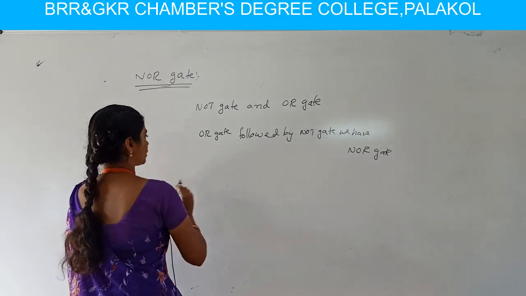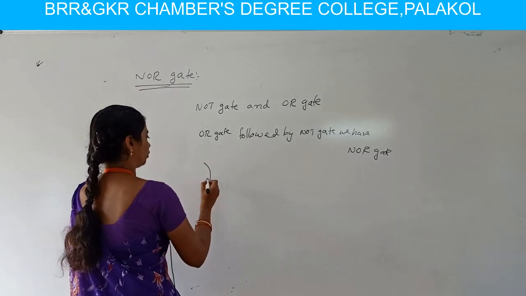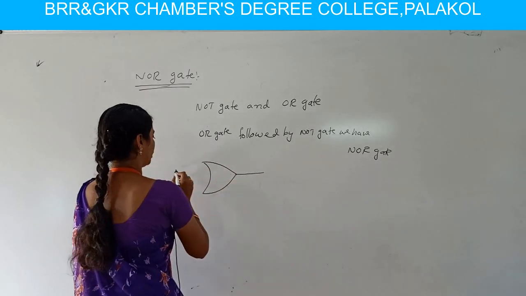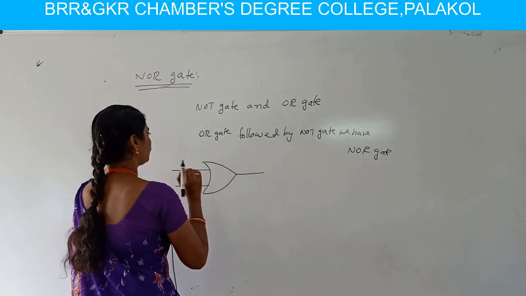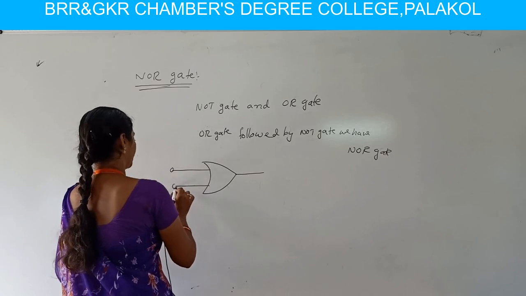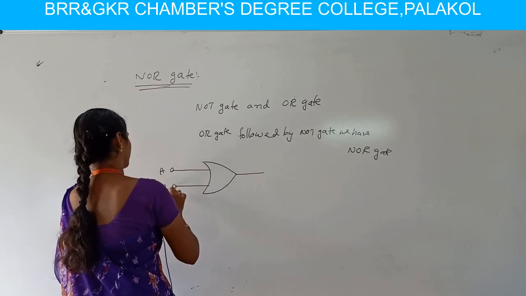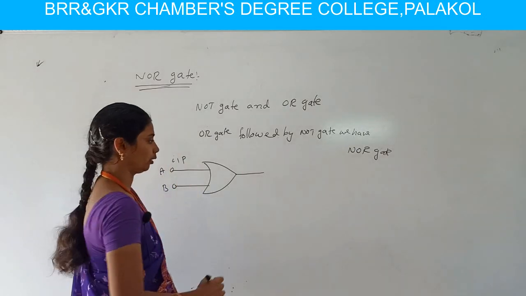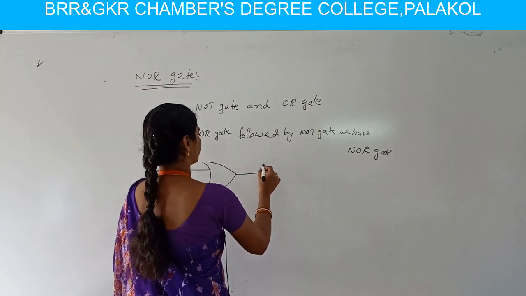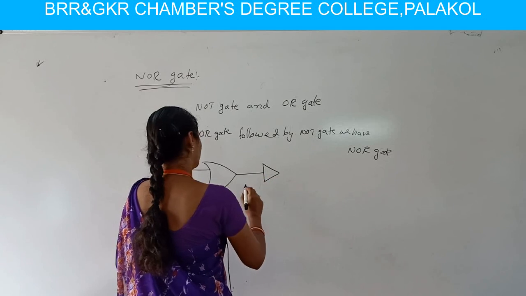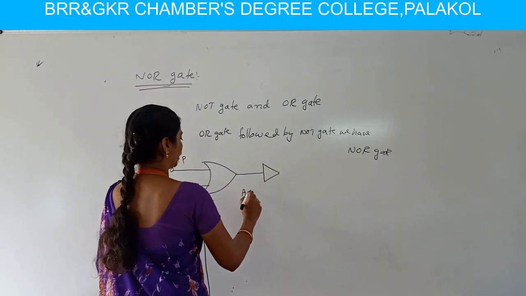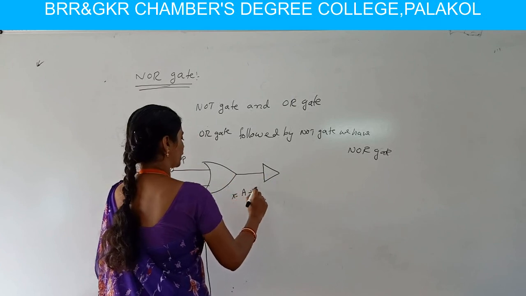So here we considered first the OR gate. We know the OR gate. Consider the two input OR gate. Here A and B are inputs for the OR gate, and this is followed by a NOT gate. Then the output from these two inputs of the OR gate is x equal to a plus b.